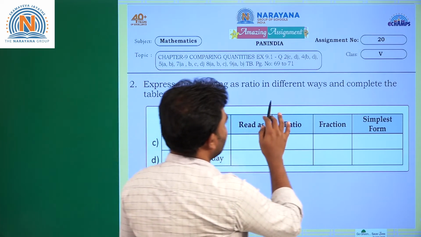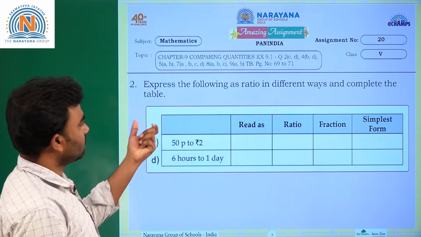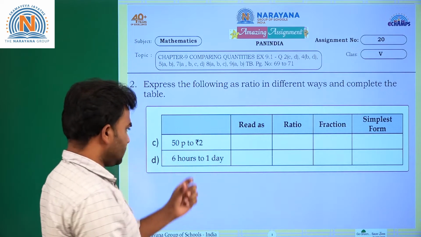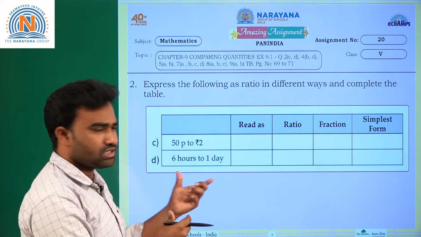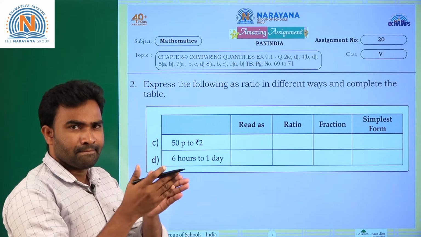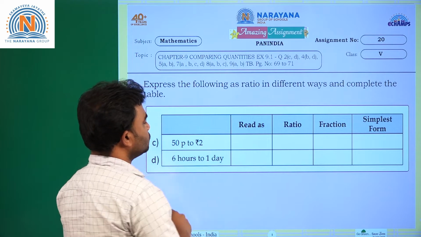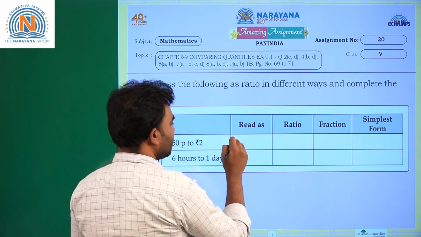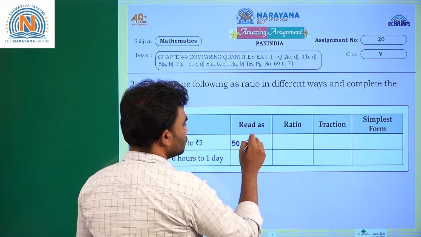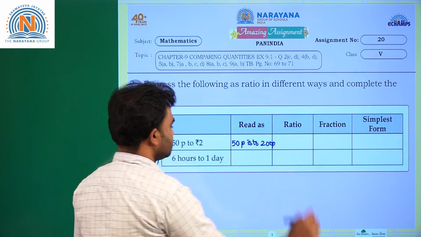Express the following as ratio in different ways and complete the table. Okay, this is the given table. 50 paise to 2 rupees. See, both the units are not equal, right? We know that 2 rupees is equal to 200 paise, right? So 50 paise to 2 rupees can be read as 50 paise is to 200 paise.